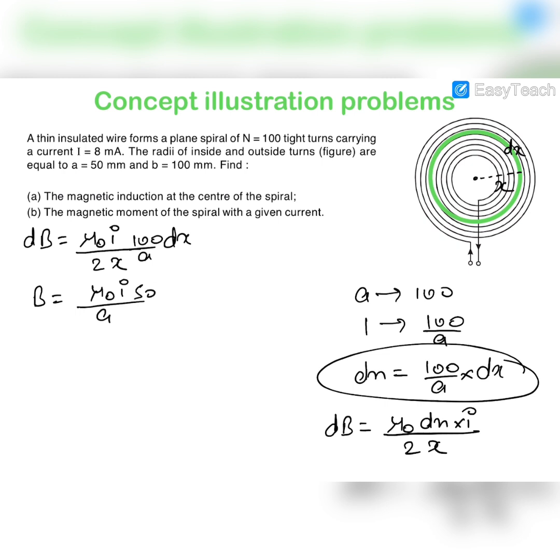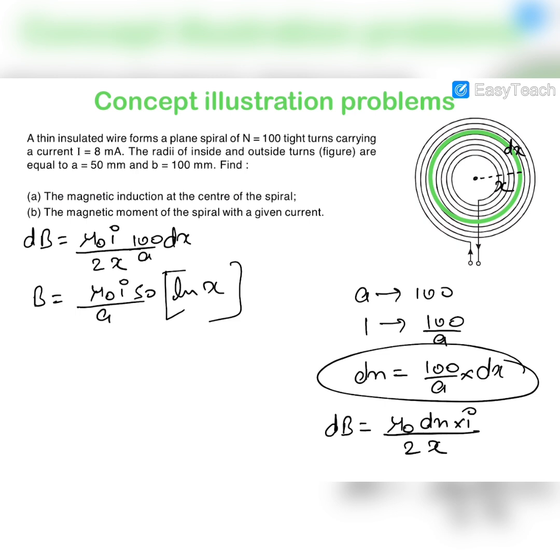We have assumed that a and dx are of the same units, which is mm. The integration of dx by x will be ln x, and we'll put the value of a afterwards.